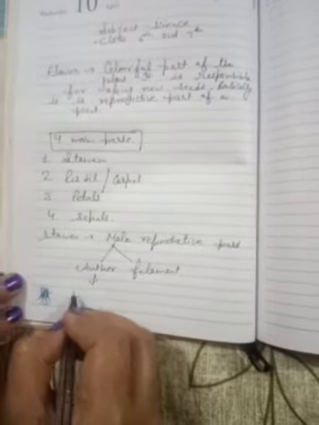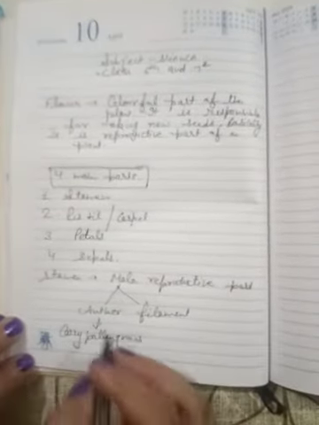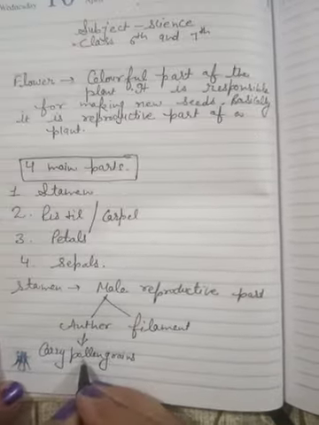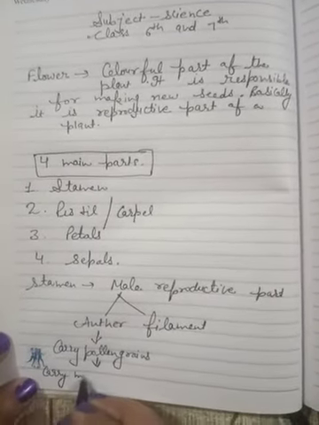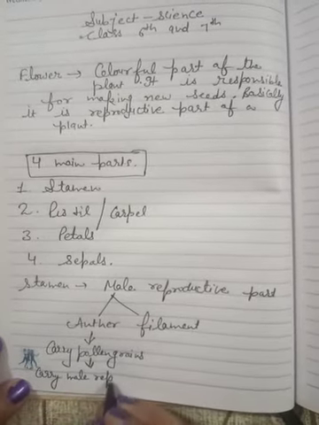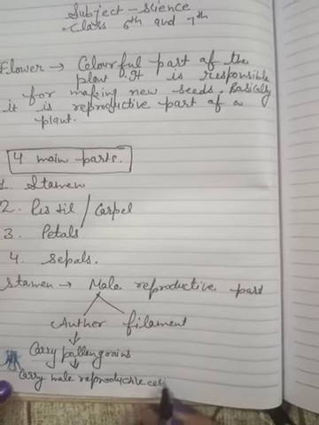Anther carries pollen grains which in turn carry male reproductive cells.